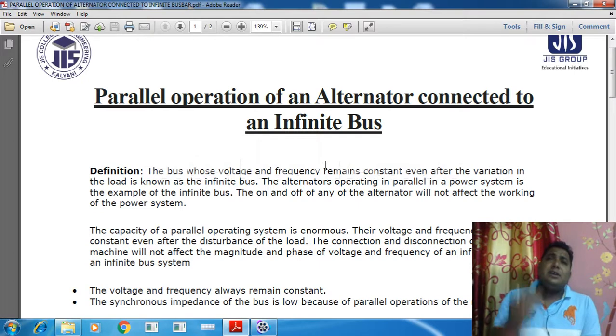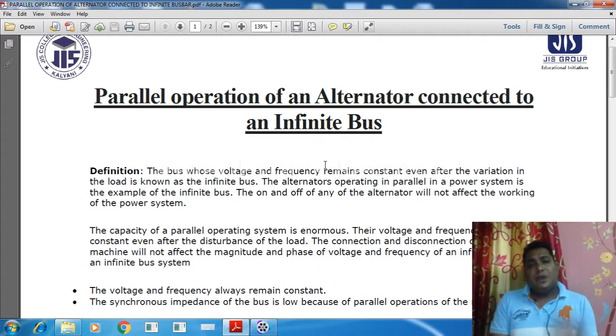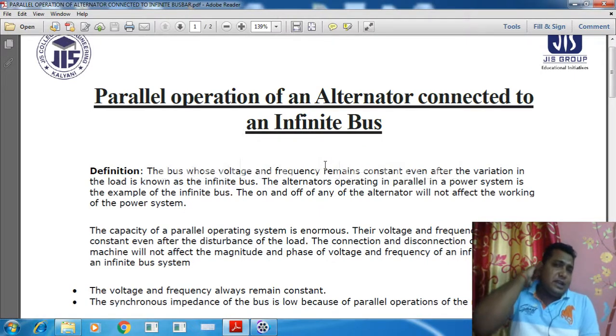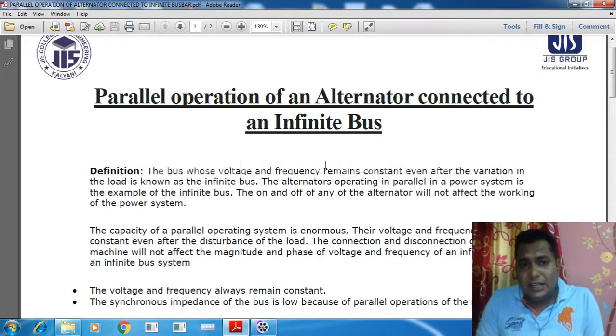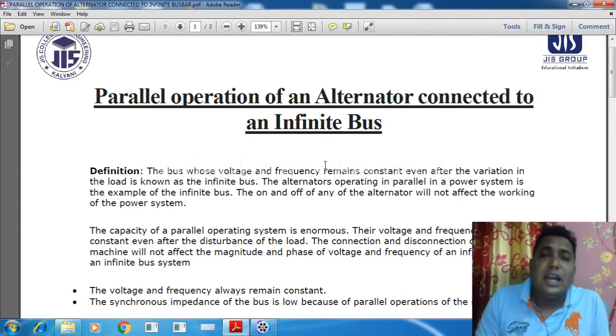So the first point is the voltage level we have to check. That means whatever is the voltage level of the bus bar should be taken into consideration, so that should be matched. Whatever alternator we connect to the existing system, at that time we have to check the voltage sequence. Next, the frequency, which is a very important term. If the frequencies of the bus bar and the alternator are different from each other, then they will not synchronize.